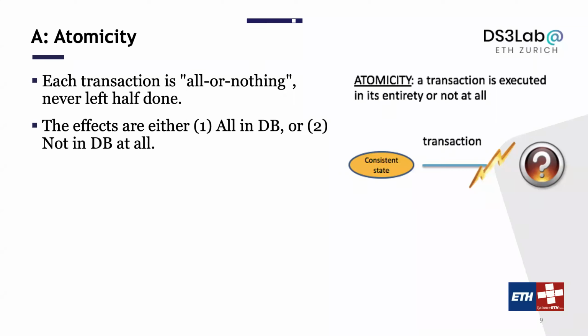Either all the changes from the transaction are reflected in the database, or none of the changes are in the database. You will never have a case where half of the changes from the transaction are in, but the other half is not there. That is not something we want.